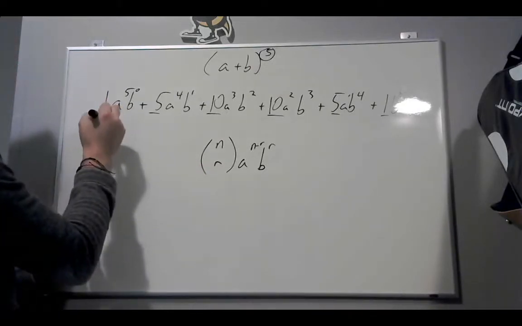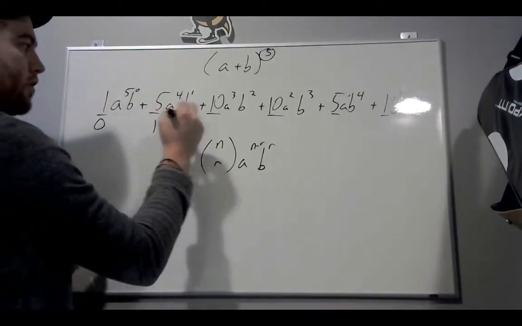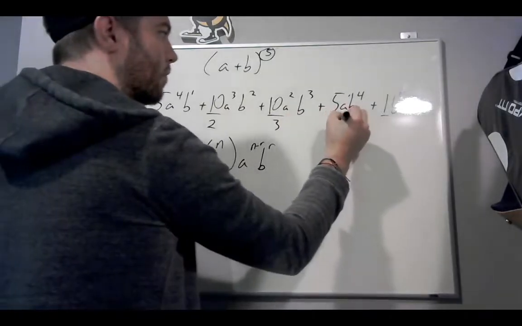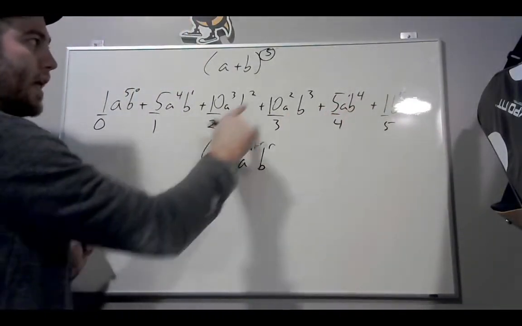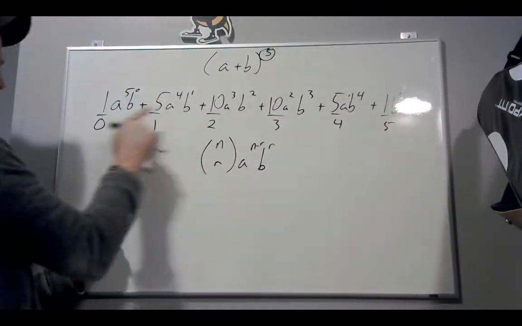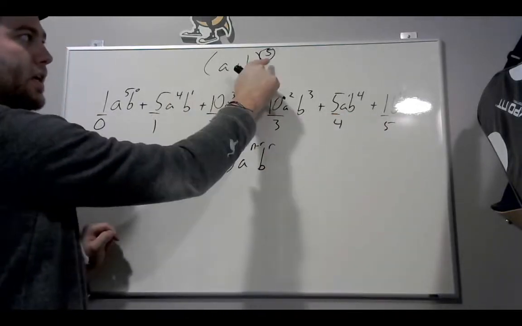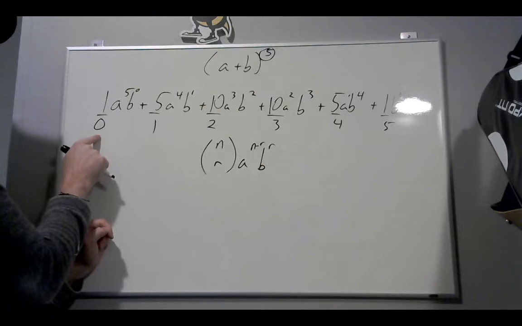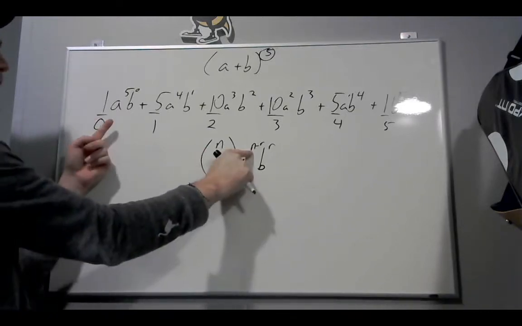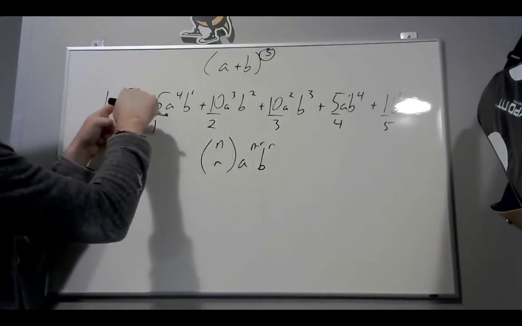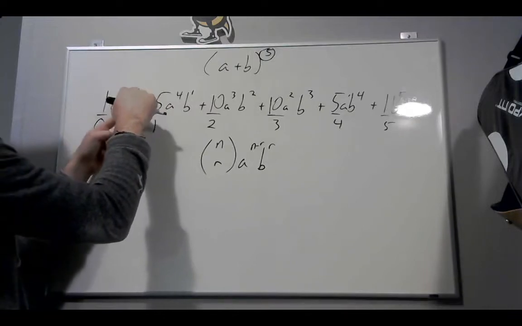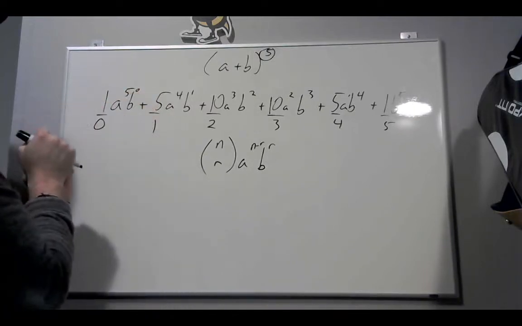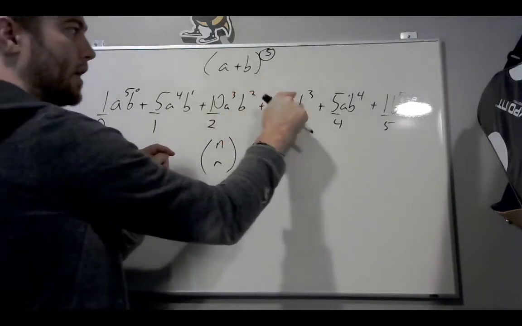So this is our 0th, 1st, 2nd, 3rd, 4th, and 5th. Notice that I have one more term than I started with for my exponent, because we have this 0th term right here. And every time I'm simply doing 5 minus 0 is 5, and my r value was 0. Same, same, same, same.